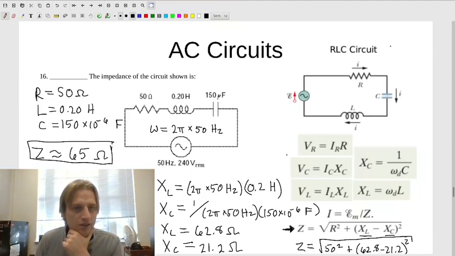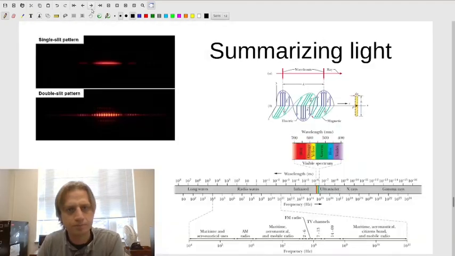In that case, only the resistor is dissipating energy into the environment, but the impedance is telling you how much current you're going to get out. So this was important when we were thinking about all sorts of power applications for alternating current systems.